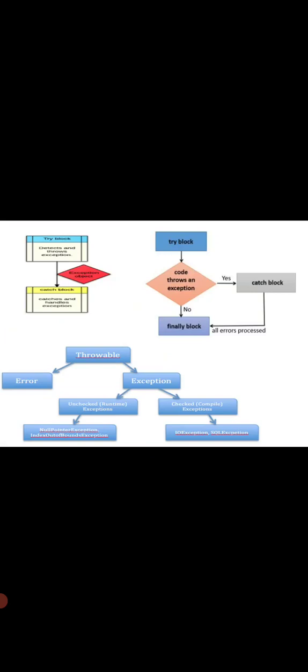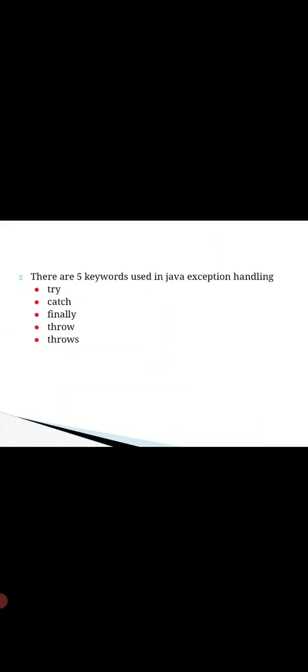And finally block is written. Whether there is any exception or there is no exception, finally block works. The 5 main keywords of exception handling are try, catch, finally, throw and throws.